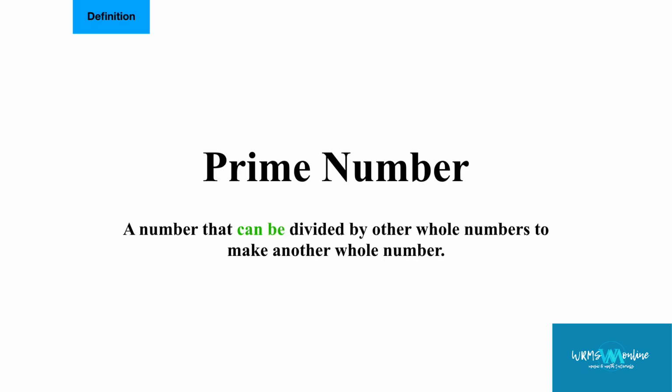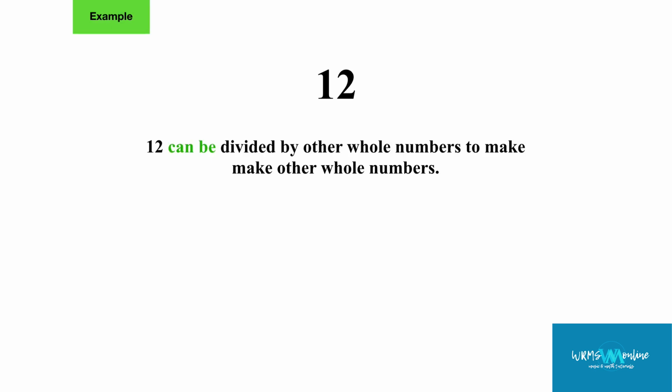If we extend the definition a little bit further, we'll see that a composite number can be divided by other whole numbers to make another whole number. So 12 can also be divided by other whole numbers to make other whole numbers. 12 divided by 2 equals 6, and 12 divided by 6 will equal 2.